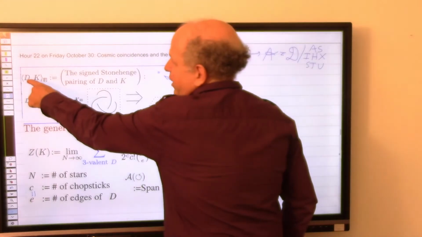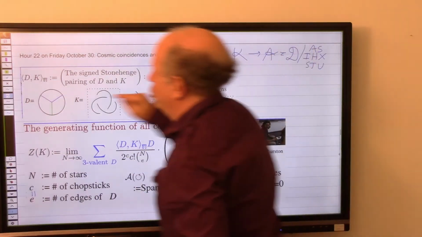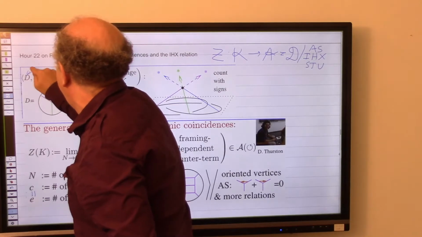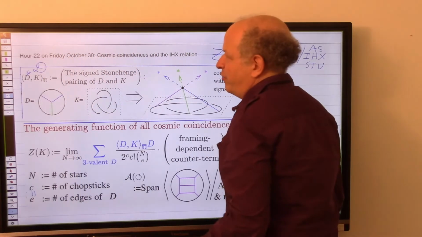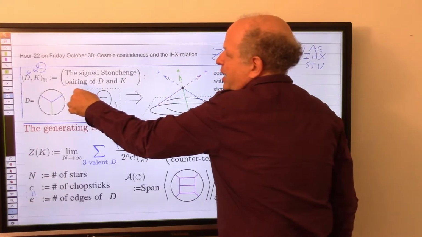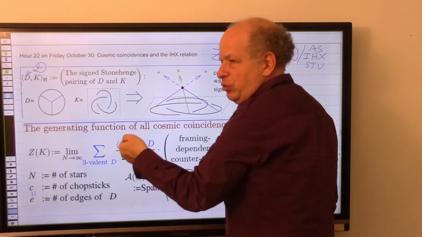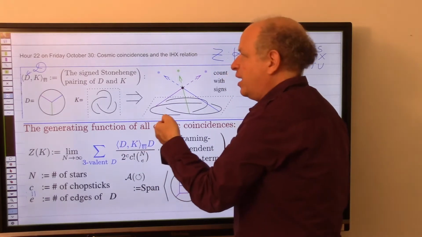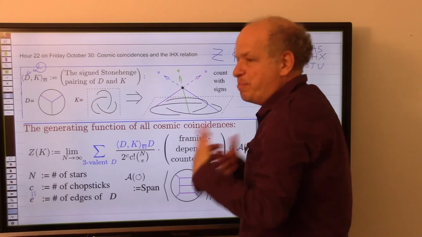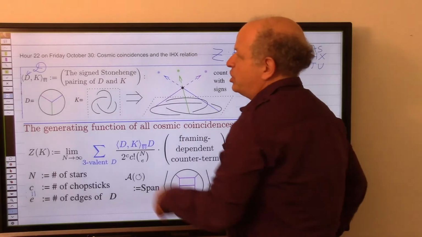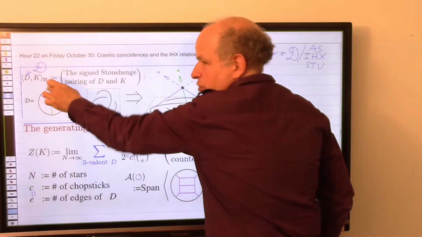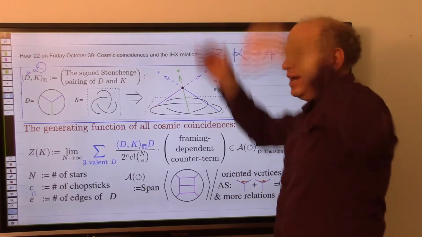For every diagram D in the space of allowed diagrams, calligraphic D, we define an integer valued quantity, not quite an invariant, which is associated with that diagram, a knot, and a choice of stars in heavens.